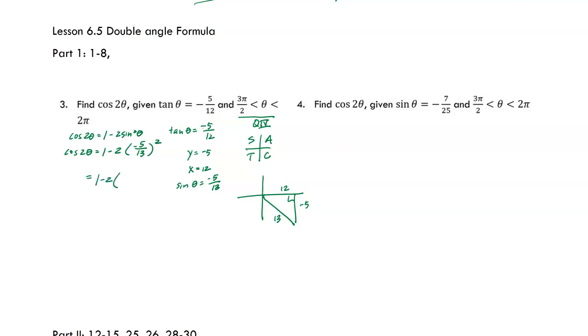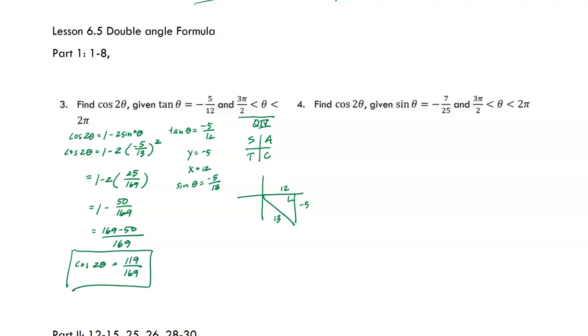So that is 25 over 169, which equals 1 minus 50 over 169, as 169 minus 50 over 169. So cosine of 2 theta equals 119 over 169. Okay.